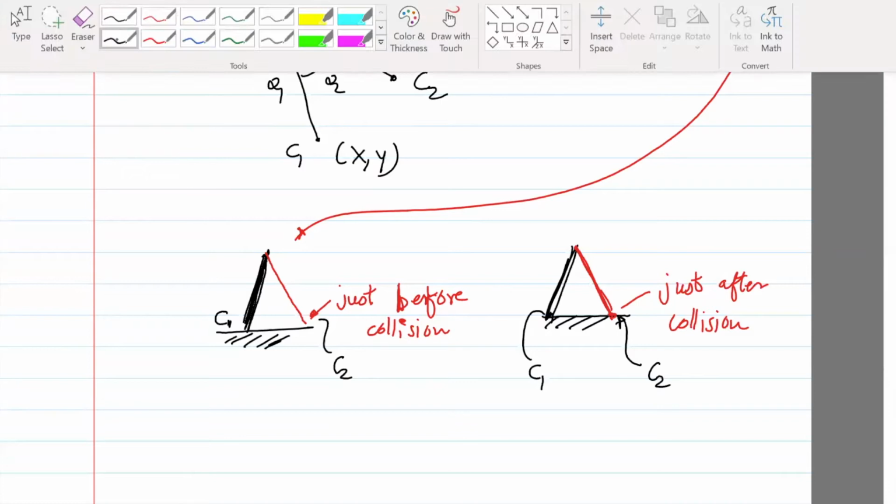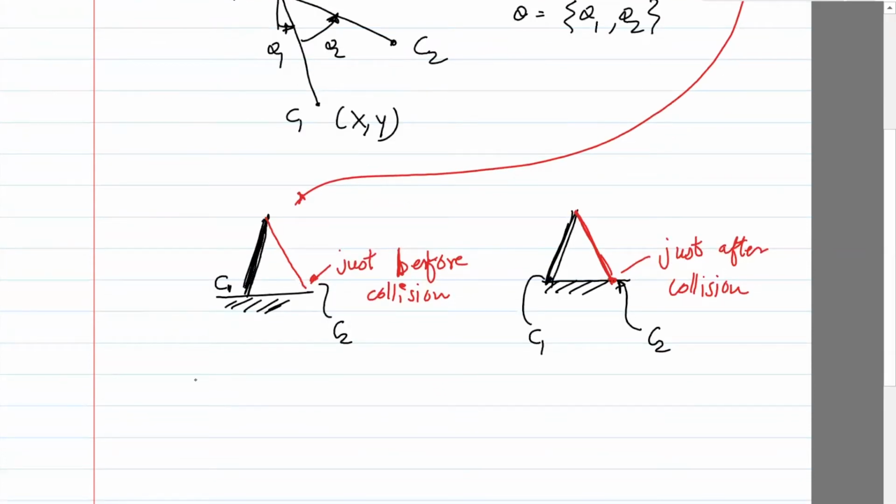The way you differentiate these two phases is that just before the red or the swing leg hits the ground, C1 is at rest, right? It is anchored to the ground. When collision does take place, the foot of the swing leg anchors to the ground, which means now the velocity of C2 is 0.